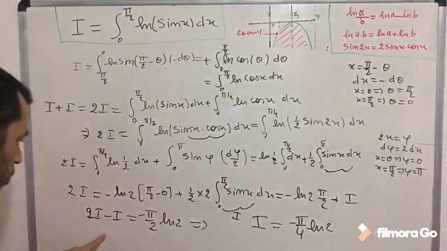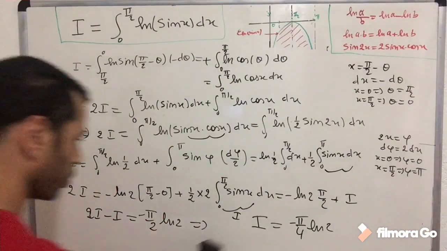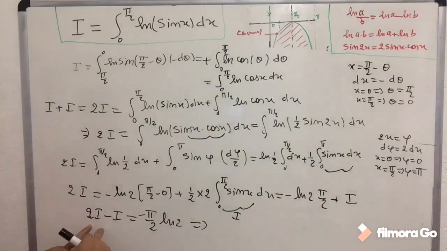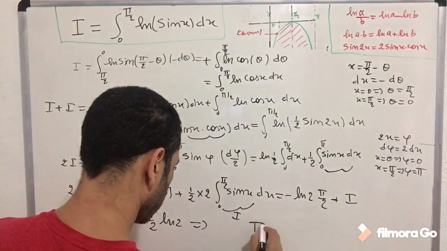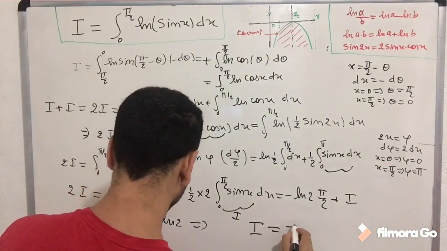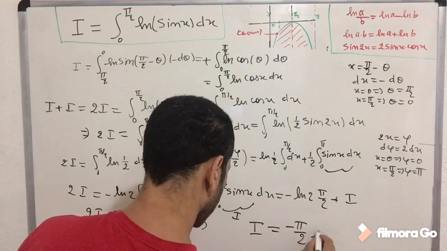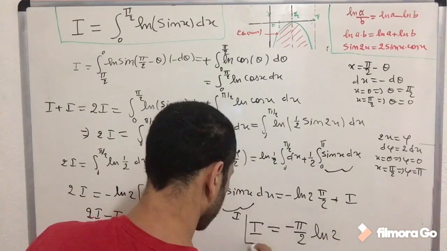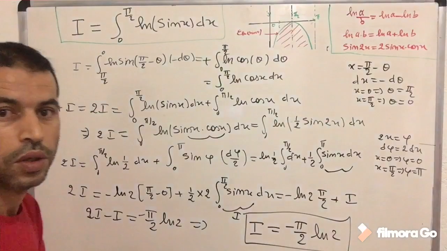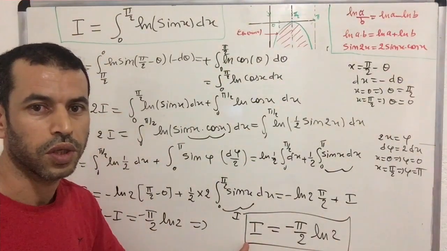Now you get the integral: 2I minus I is I, so I equals minus pi over 2 natural log 2. This is the value of this integral. Thank you for watching. I see you in the next video. Bye.